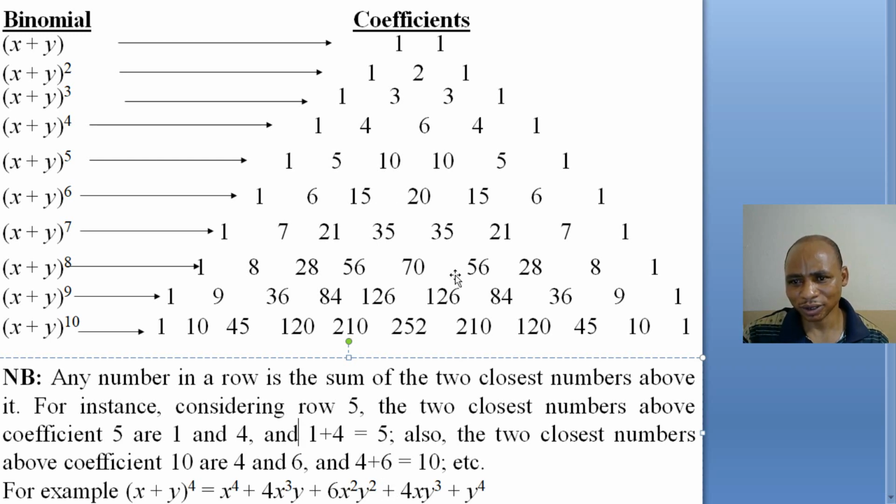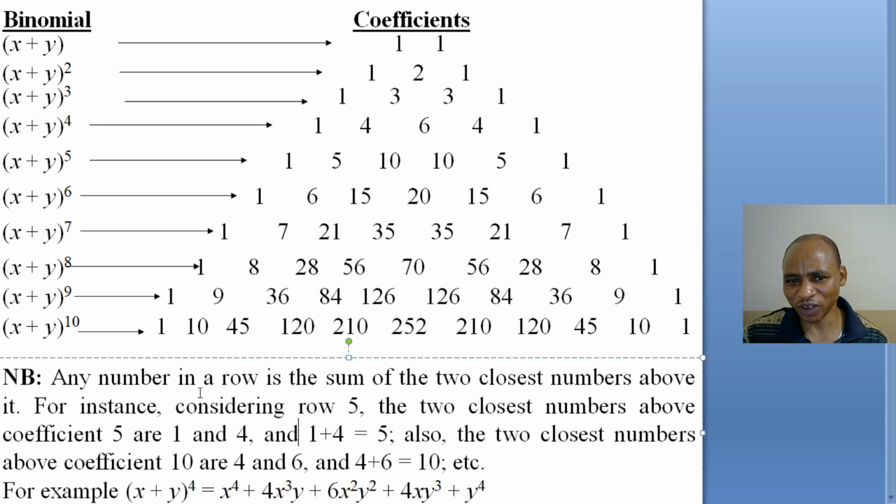plus, then the fourth coefficient is 4. So it will be 4 times x y raised to the power 3, then plus the last coefficient is 1. So it will be 1y raised to the power 4.